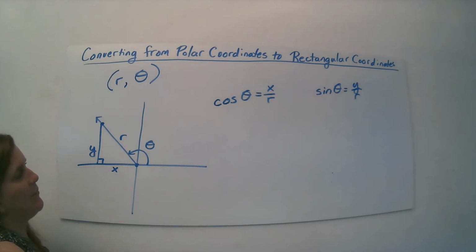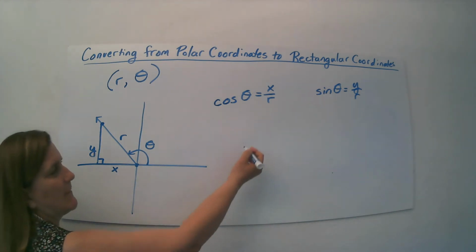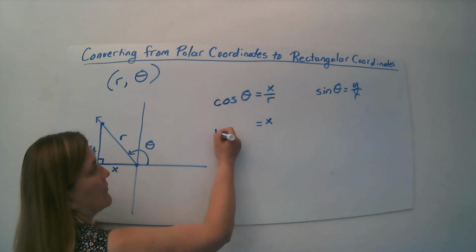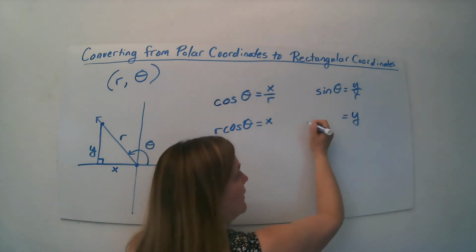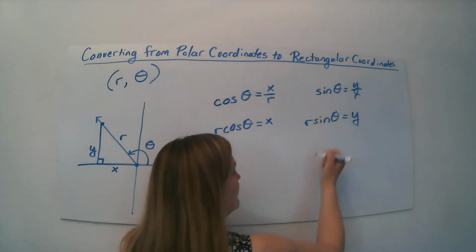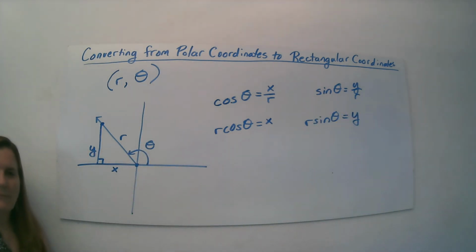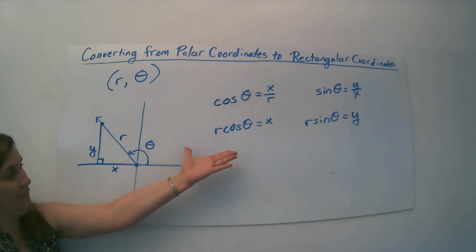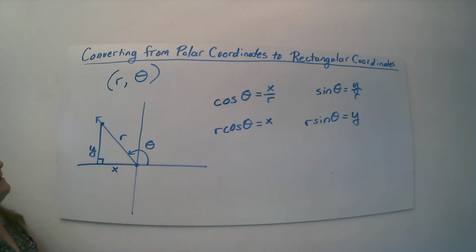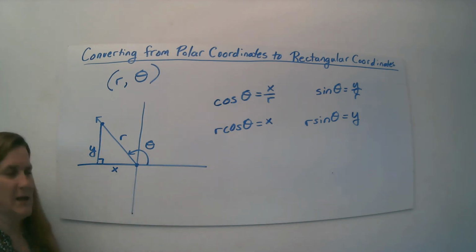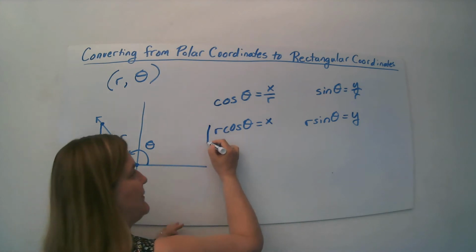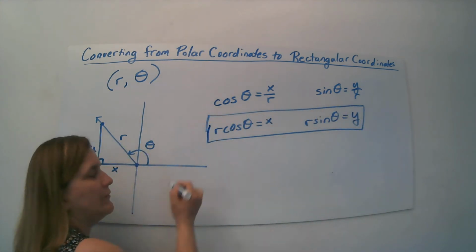When we multiply both sides by r, we have x equals r cosine theta, and y equals r sine theta. That will be the formula that we can use to easily convert from polar to rectangular when we're dealing with those ordered pairs. And it doesn't matter if r is positive or negative, or theta is positive or negative. These two equations will always hold.